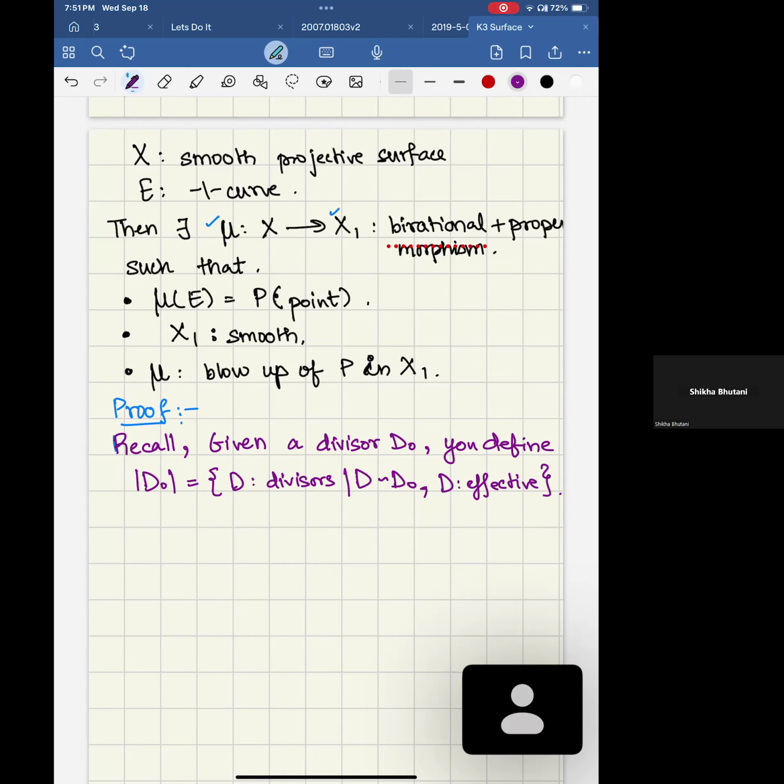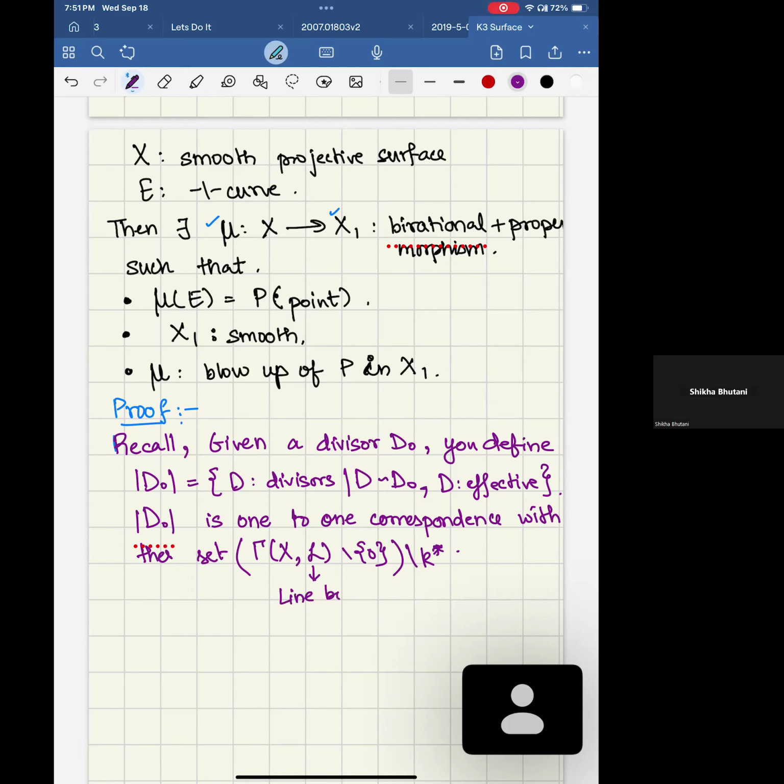So what happens then is this linear system that you define this way is in one-to-one correspondence with the set of non-zero global sections H0(X, L), where L is the line bundle associated with D naught.